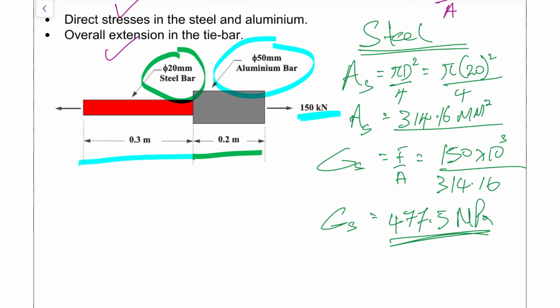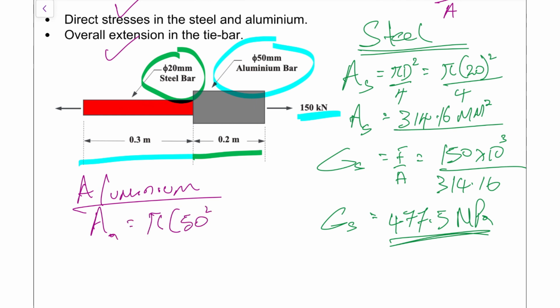We're now going to find the stress in the aluminum bar. For this one, we again need to find the area. Once more, we're using pi times our diameter squared divided by 4. That gives us an area for the aluminum bar of 1963.5 mil squared.